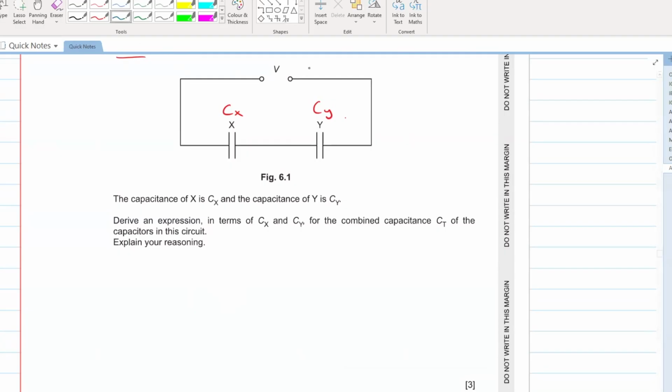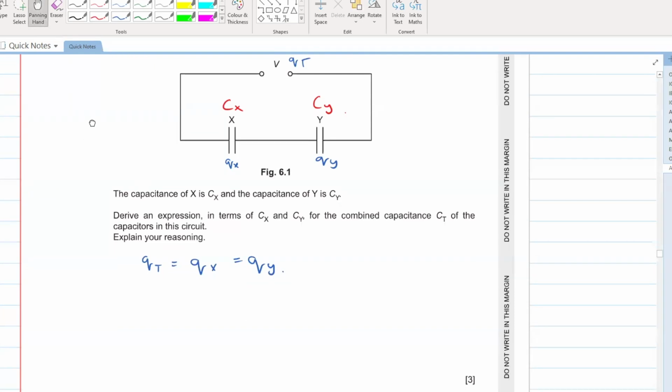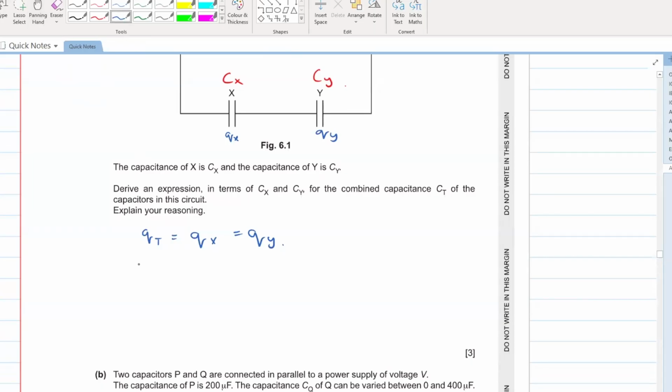You know, in series, the charge across each capacitor remains the same. The total charge from the battery is equal to the charge at capacitor X, which is equal to the charge at capacitor Y. Secondly, in a series circuit, the voltage is equal to what?